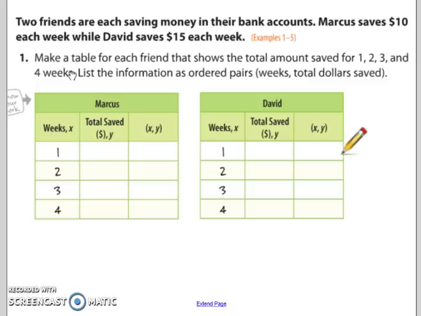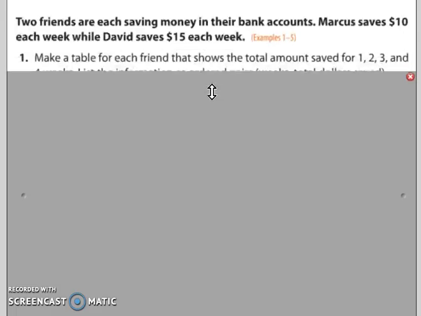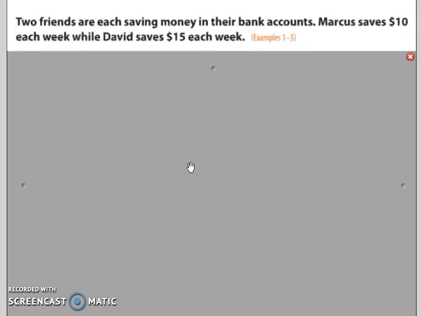If we're looking at a scenario, two friends are each saving money in their bank accounts. Marcus saves $10 each week and David saves $15 each week. Both of these can create proportional rates because for every week Marcus saves $10 more.